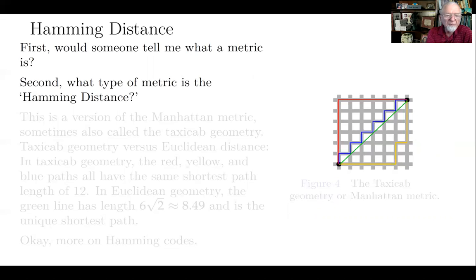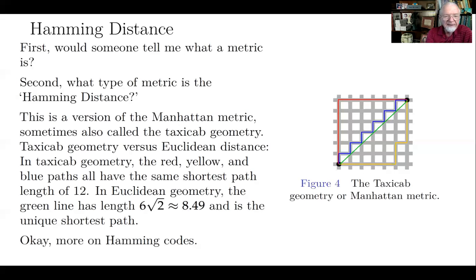So what particular type of metric is the Hamming distance? And since you can see that it's got the answer there, it's a version of the Manhattan metric, or sometimes called the taxi cab geometry.